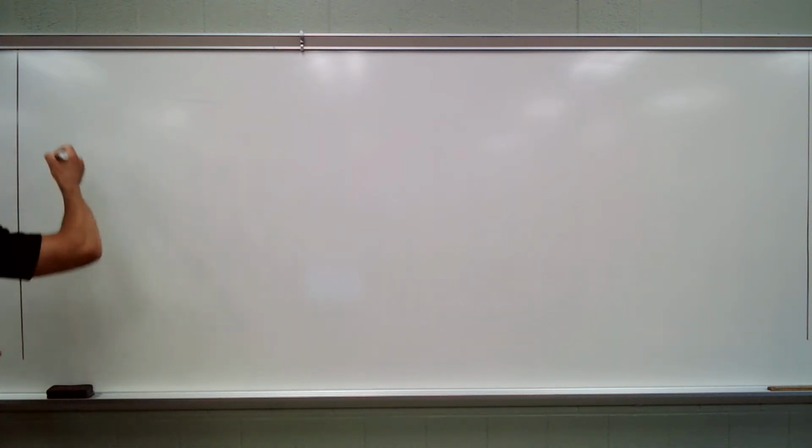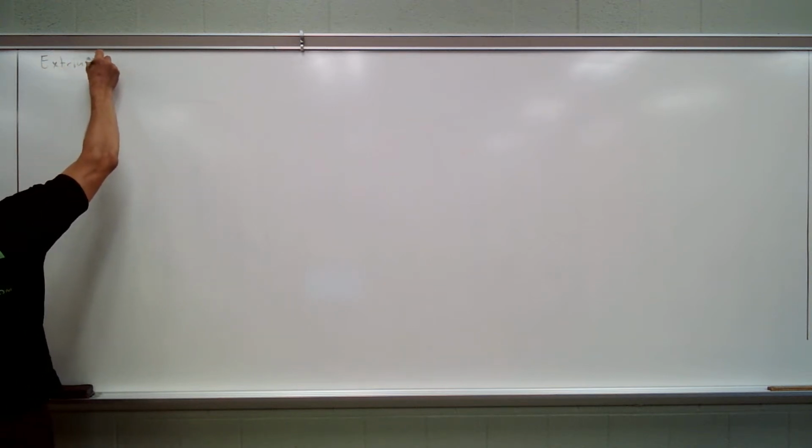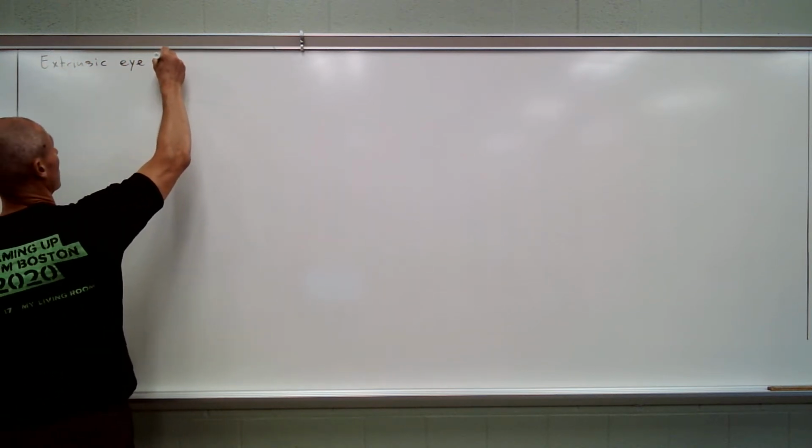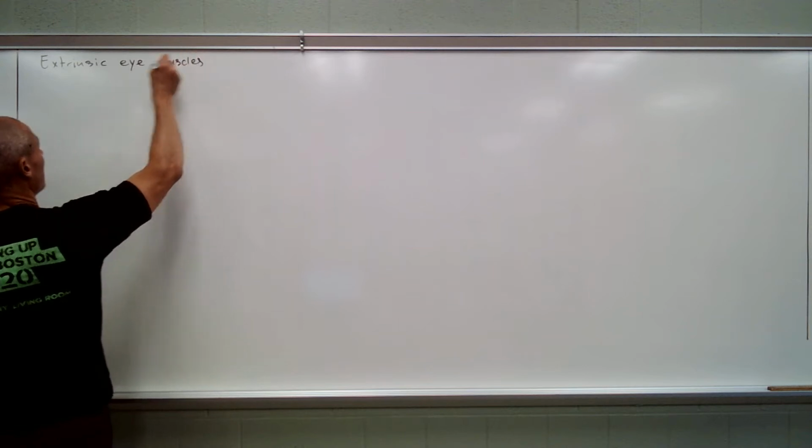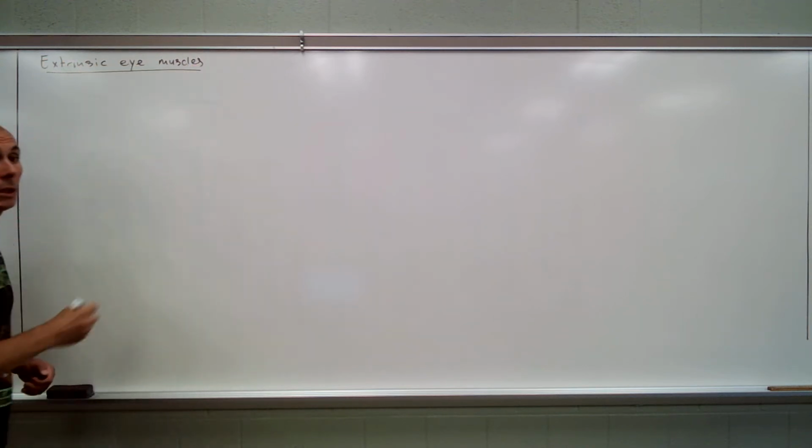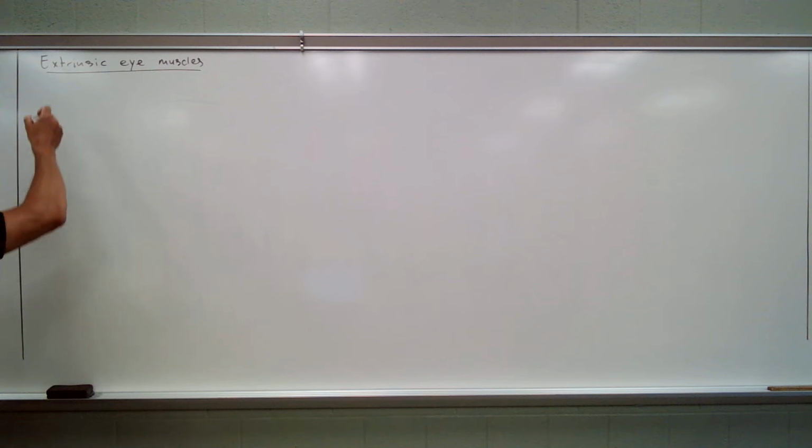So regarding extrinsic eye muscles, you've got 6 of them. What you need to know is the directions of motion.